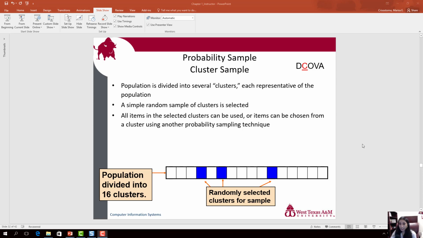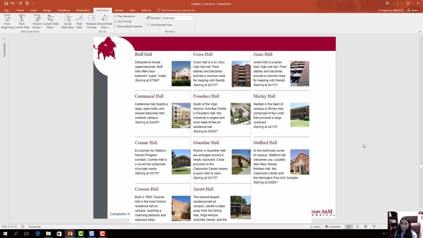Here's another example of a cluster sample. If I wanted to know students' views on RAs, here I have 11 different student residence halls. A cluster sample would be I'd randomly pick one of these halls, throw it in a hat, pick one out.